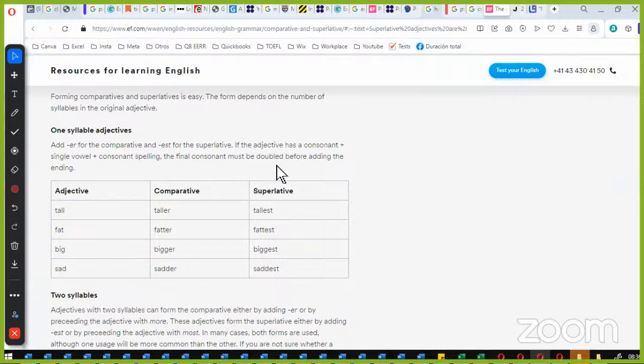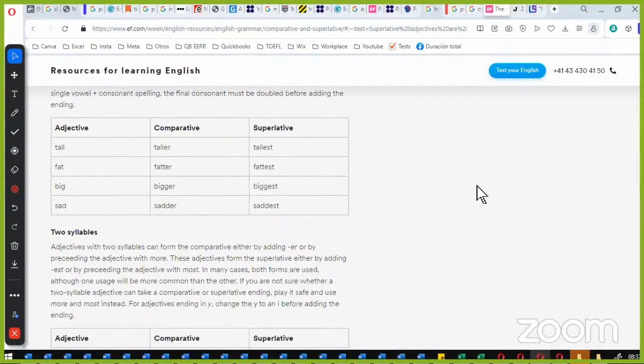One-syllable adjectives add ER for the comparative and EST for the superlative. If the adjective has a consonant plus a single vowel plus a consonant spelling, the final consonant must be doubled before adding the ending. Tall, taller, tallest; fat, fatter, fattest; big, bigger, biggest; sad, sadder, saddest.